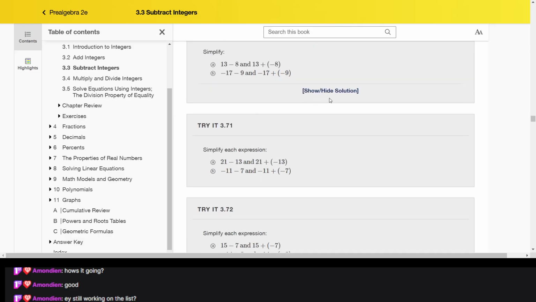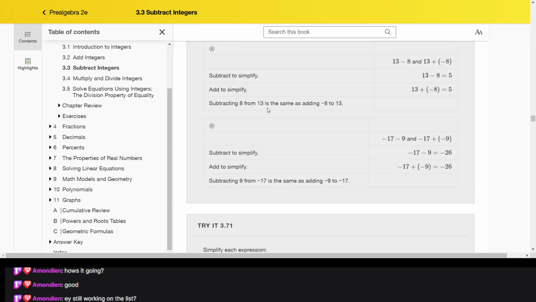13 minus 8, 13 plus negative 8. Subtract to simplify. Add to simplify. Actually, subtracting 8 from 13 is the same as adding negative 8 to 13.